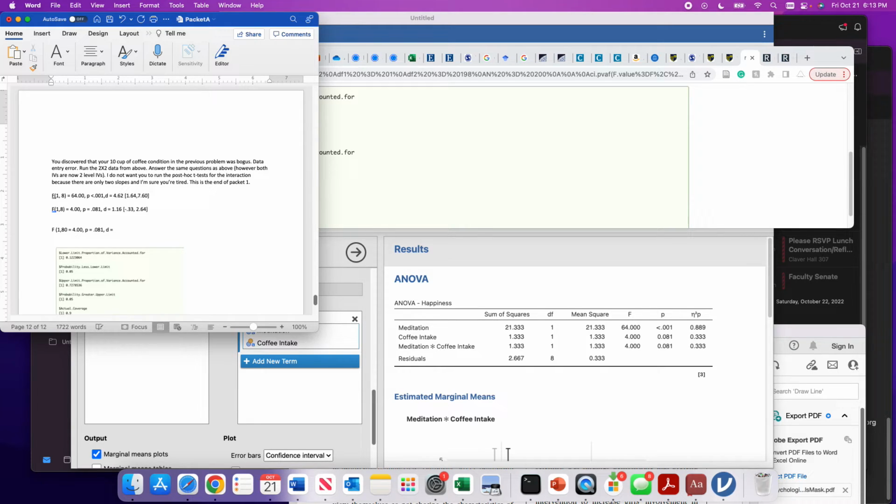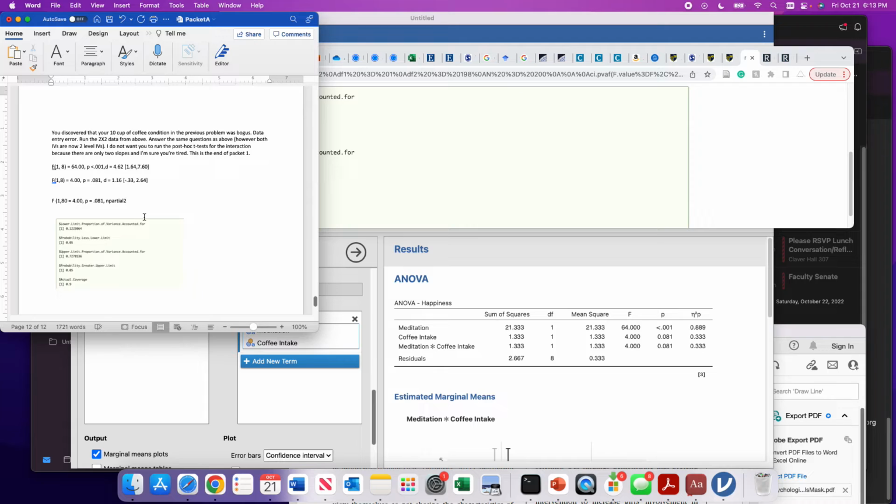D equals, well, not D, sorry, partial eta squared, and I'll fix the subscripts in a second, equals 0.33 with a 90% CI of 0.12 and 0.73. My headline for that one is, there was no interaction. We did not find an interaction, essentially.